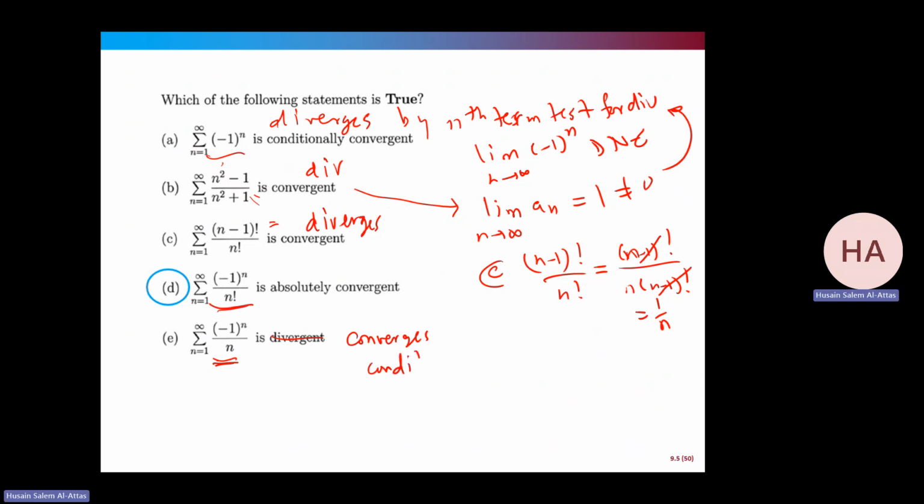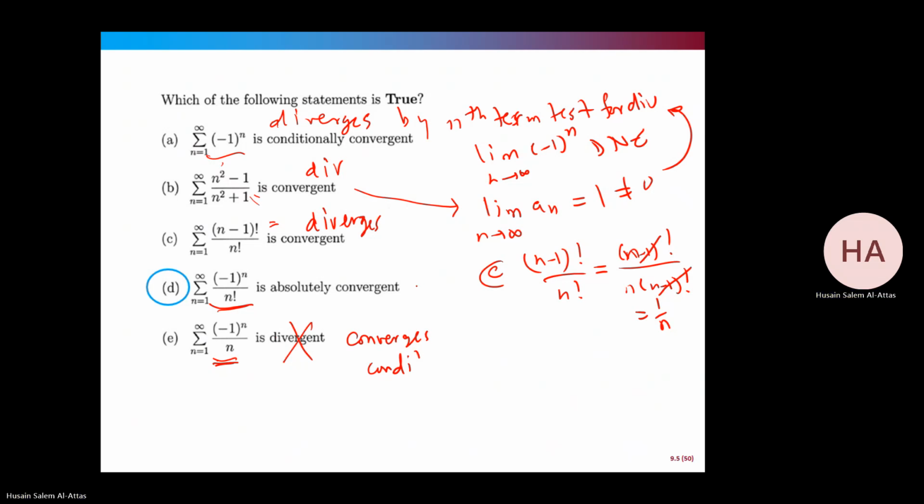This one, yes. If we take the absolute value, how to show this one is convergent? If we take b_n, this is clearly conditionally convergent, so this is wrong.